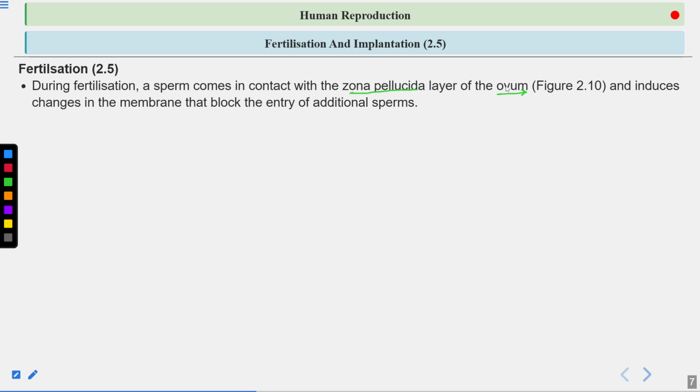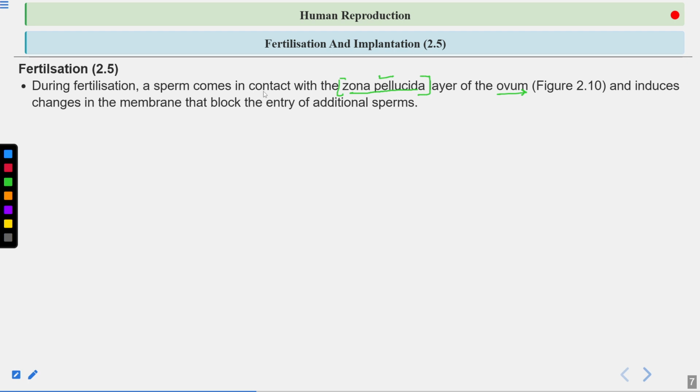Then inner to the corona radiata is the zona pellucida. This zona pellucida is a thick glycoprotein membrane, and it protects the egg. Clear? And it is also important for sperm recognition.